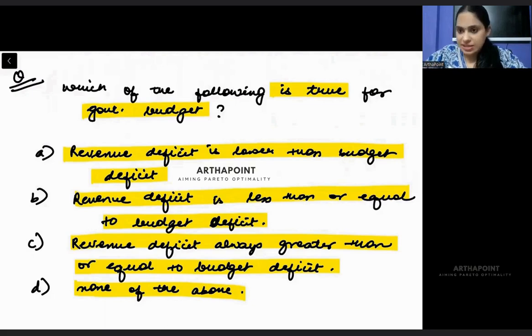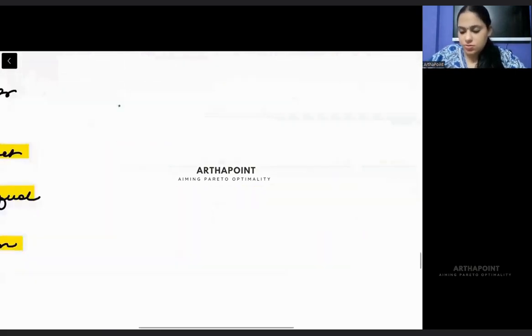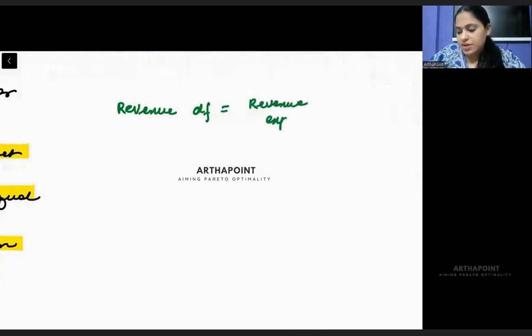So try to see that revenue deficit is the gap between revenue receipt and revenue expenditure, right?